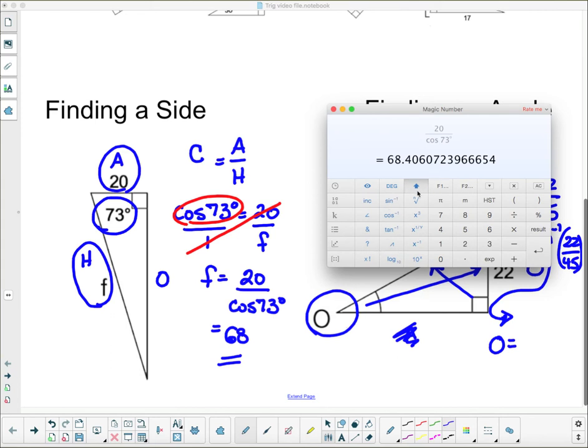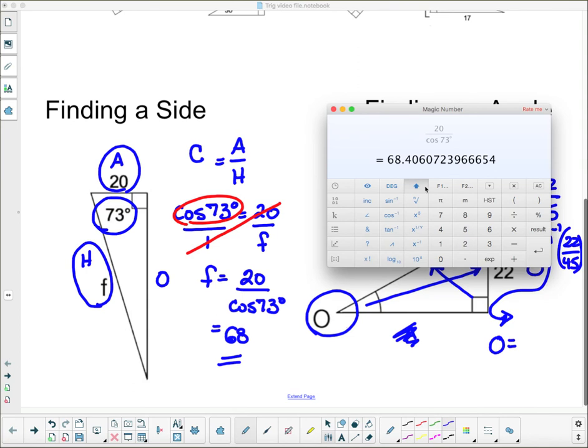So depending on the calculator you're using, remember this little thing could be inverse, it could be second, it could be shift. And so you're looking for whatever button gets you what's written over top of the buttons sine, cos, and tan.